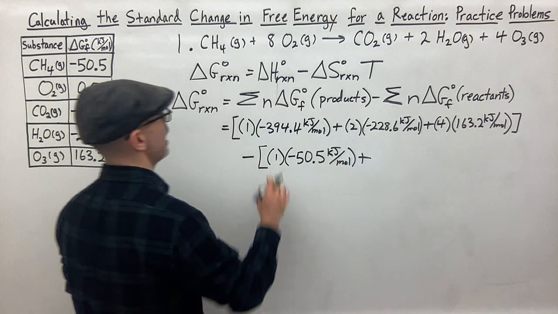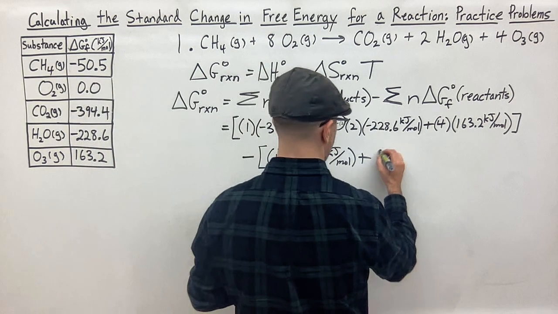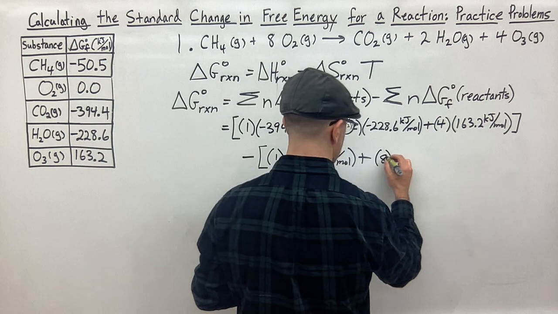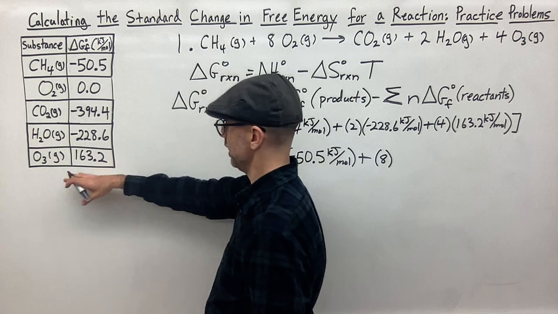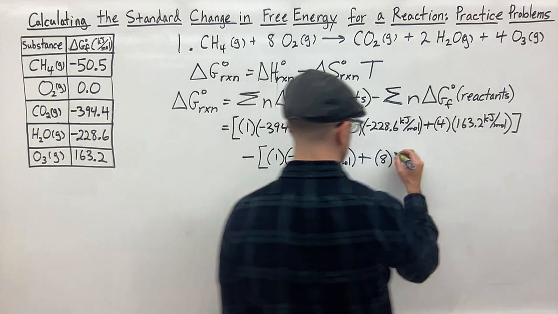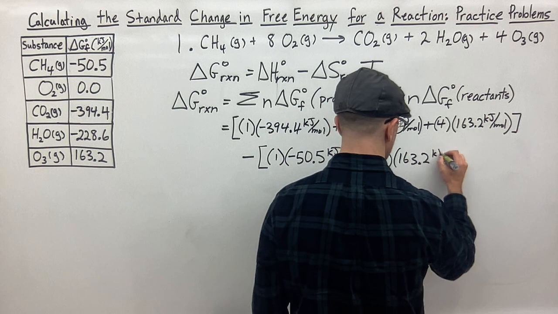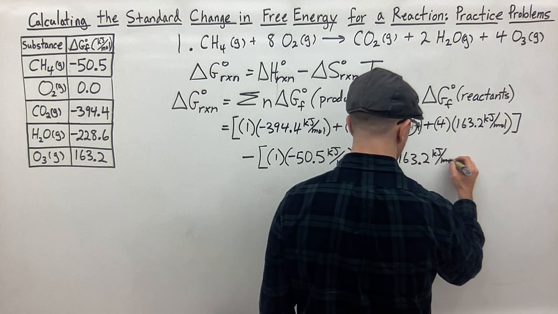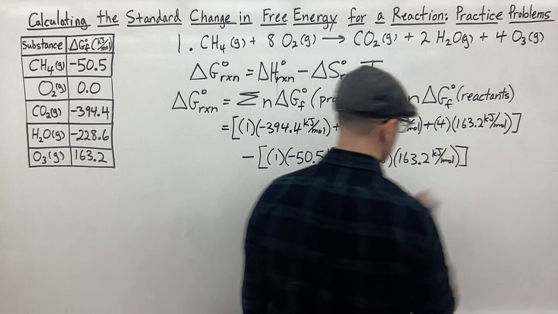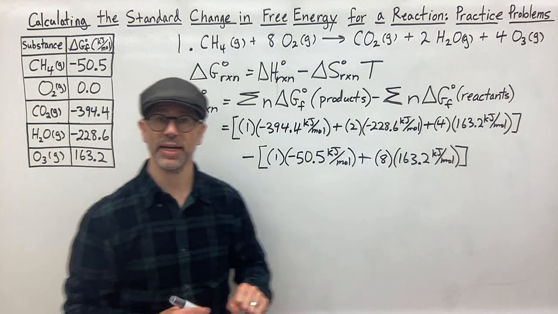And then I'm going to add to that the next one, which is ozone. So I have 8 of those. And I'll multiply that by its standard free energy of formation, 163.2. So 163.2 kilojoules per mole. So now I have everything plugged into my equation.